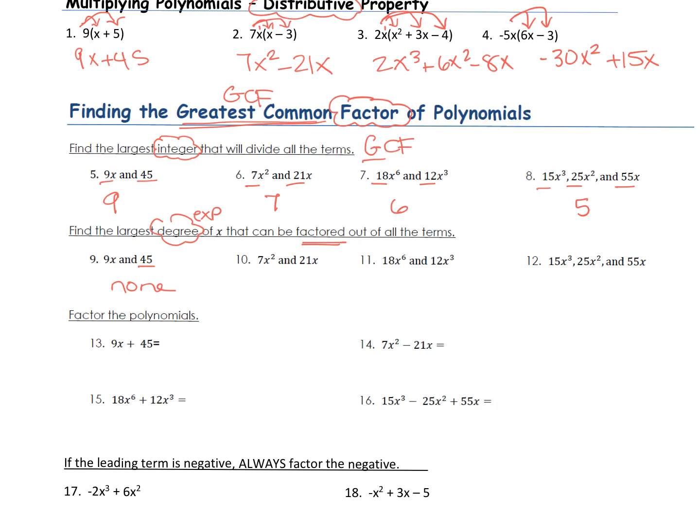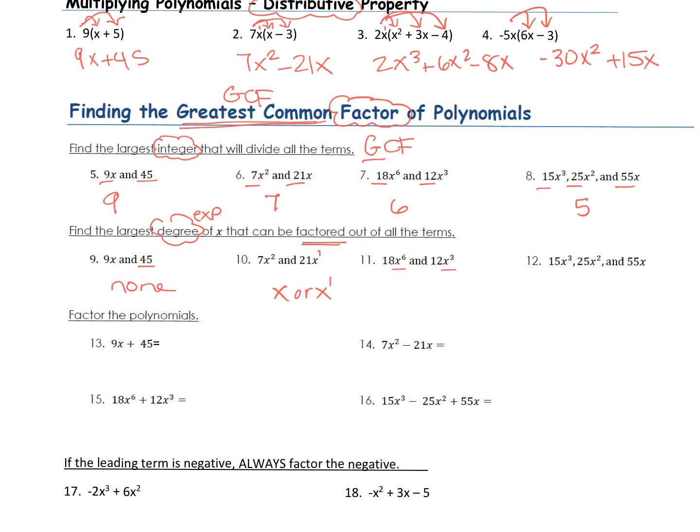So number 10, we have a 7x squared and a 21x to the first. You're really looking for the smallest exponent of x. In this case, it'd be x to the first. I could divide both of these by x, or some kids write it as x to the first, and it would divide evenly. Looking at the next one, I'm comparing the x to the sixth and x to the third.